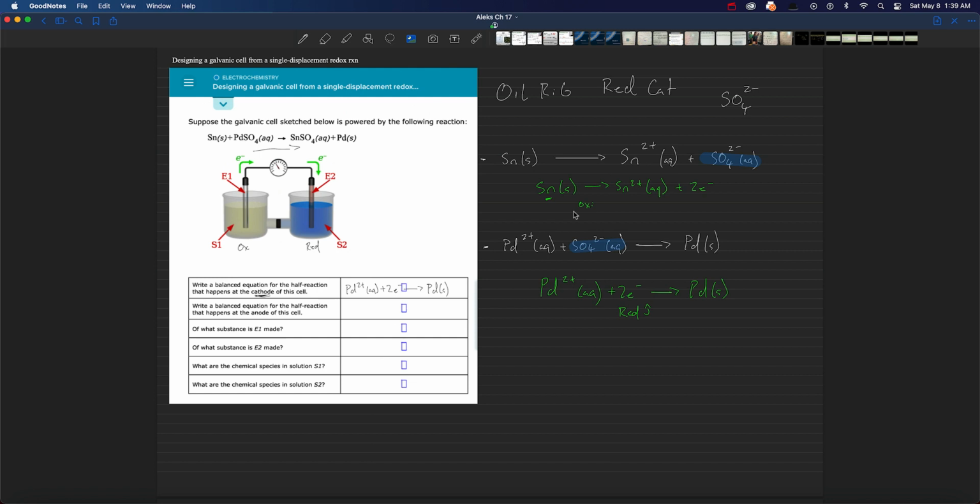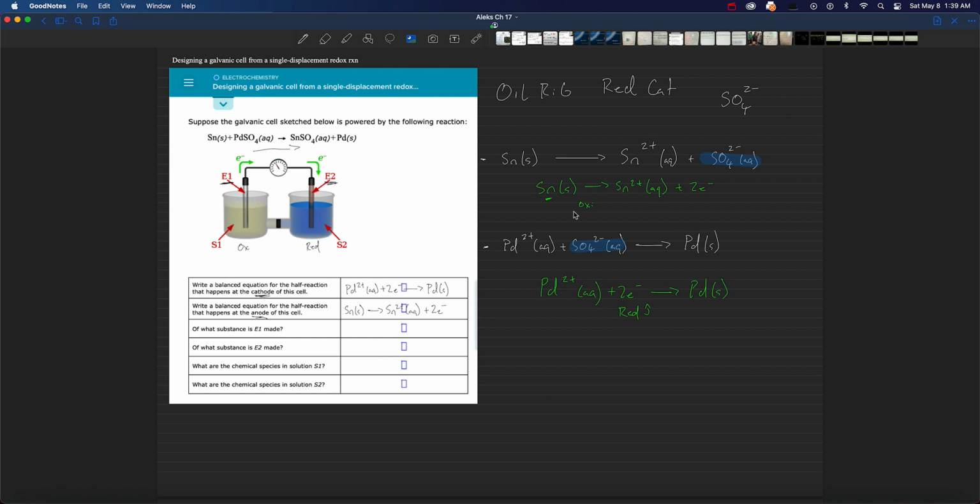That is your cathode. Now it's asking for anode. Same as Sn breaks down to Sn2+ aqueous plus 2 electrons.